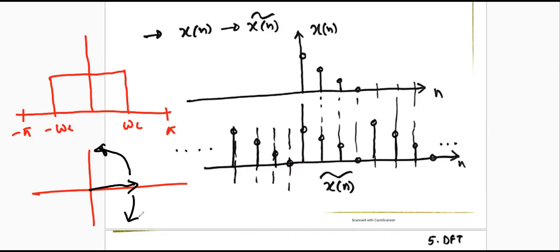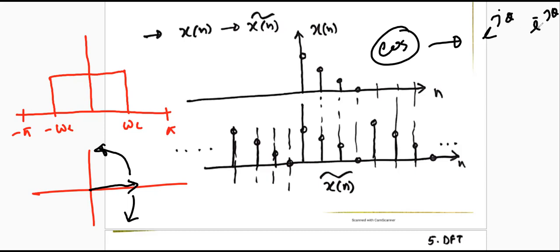In mathematics, with Euler's identity, when we take a cos function and express it with exponential terms, we have e to the power j theta and e to the power minus j theta. What does it mean, j theta and minus j theta? They actually mean 2 frequencies: one is positive frequency and the other is negative frequency. That is why we present our transfer function like this.